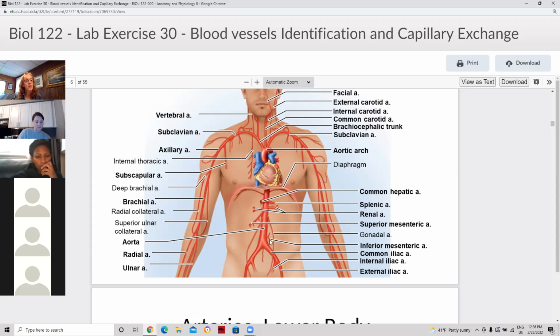Does that make sense? It makes your memorization a little easier. The splenic artery is going to connect with the spleen. The splenic vein is going to come back from the spleen. The renal vein is going to come back from the kidney.